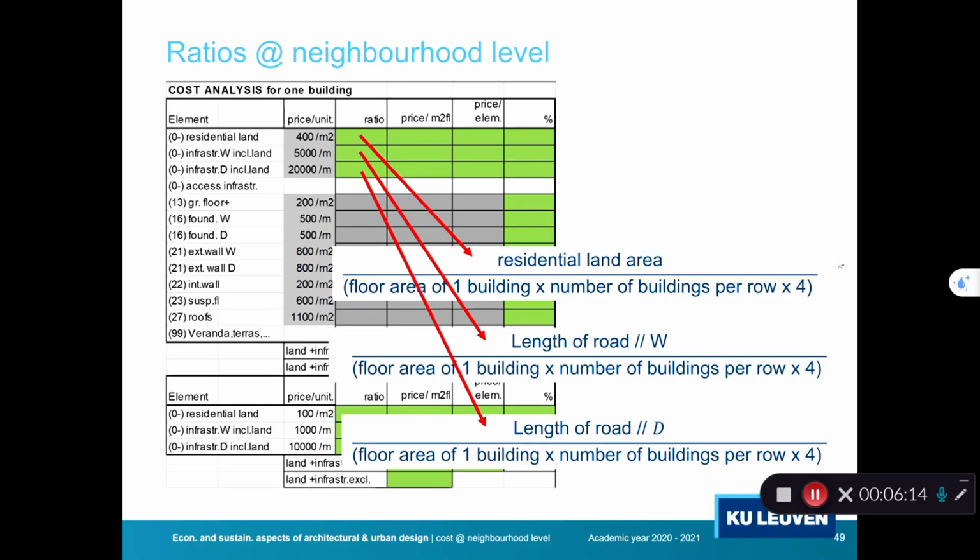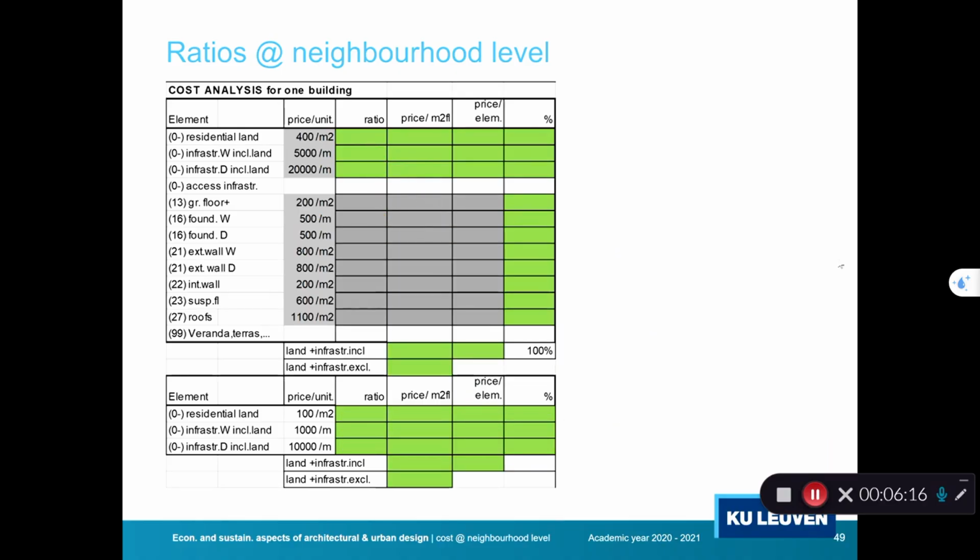So if I go a little bit back to clear it, you can calculate the total price of your building, including the infrastructure and the land cost, and then you can calculate the percentage contribution by dividing your specific cost of a certain part, of a certain element, by the full cost, the total cost.